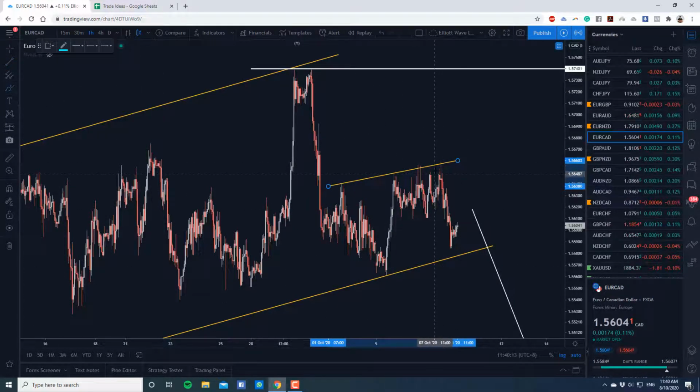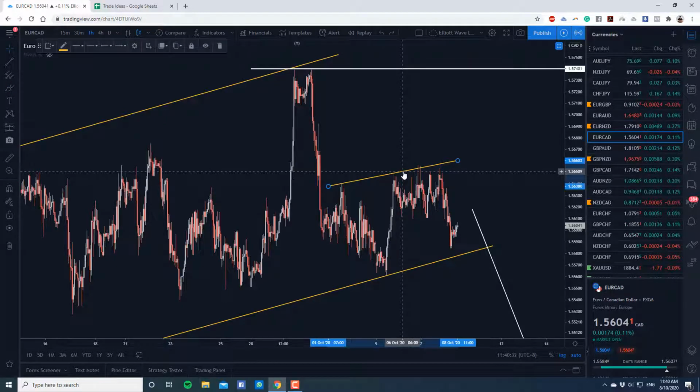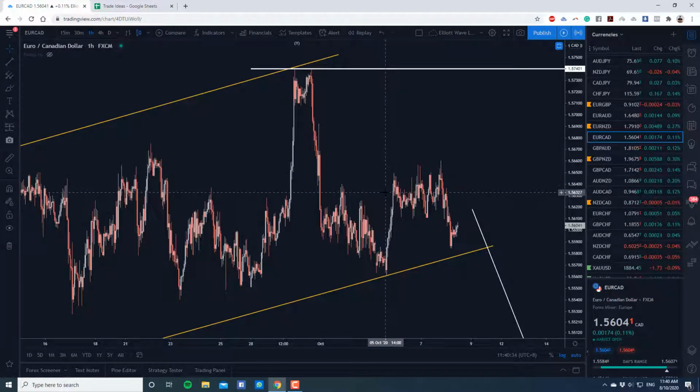We see that small push to the downside, and price might be starting to form a smaller corrective pattern. When that happens, that's where a solid trade to the downside comes in. By solid, I don't mean a 100% sure win, but the risk reward is going to be very significant.